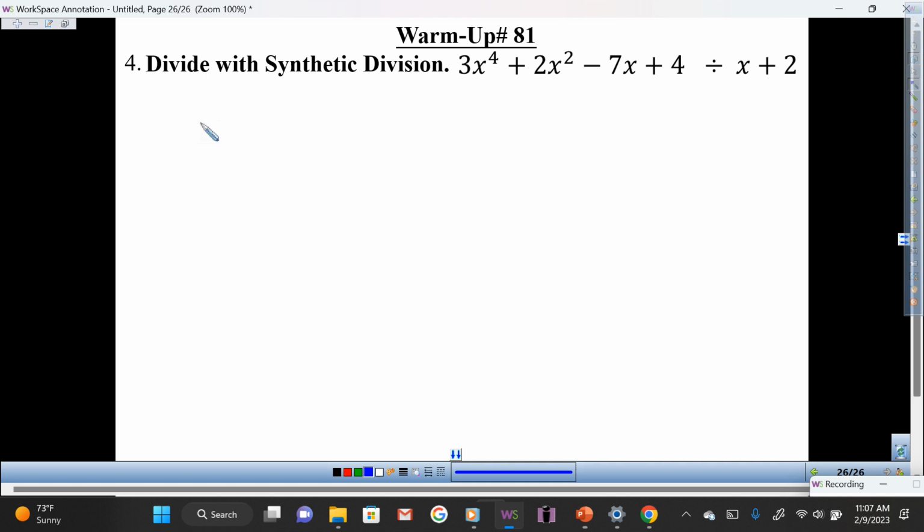What do I write? -2. Let's go. Tell your neighbor why we wrote 0 right there, please. Yeah, because we're missing the third degree, so therefore that coefficient has to be 0.